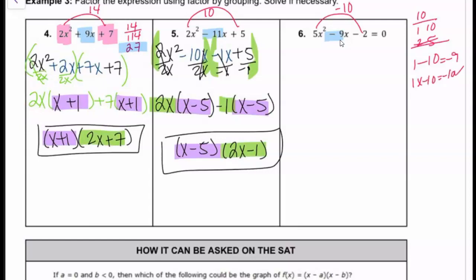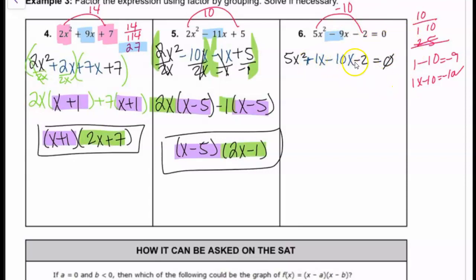So I'm going to rewrite my problem, 5x squared, and then I'm going to separate it into, oh my bad, plus 1x, because my 1 is positive, minus 10x, minus 2. Not going to do anything with that equal 0, except bring it down.